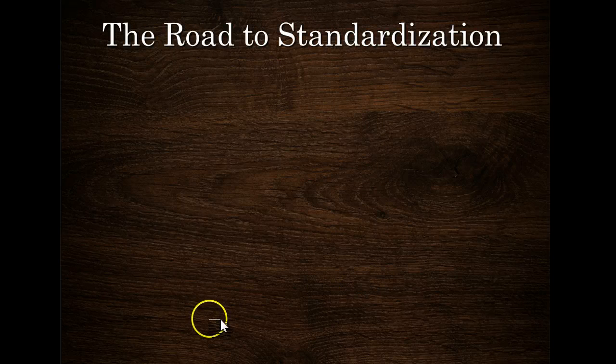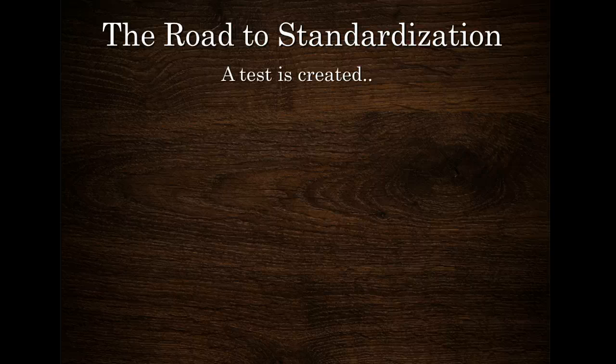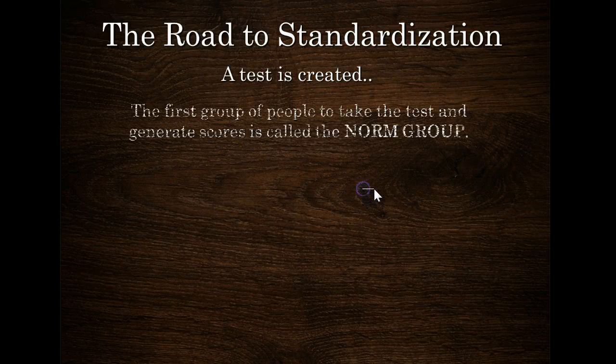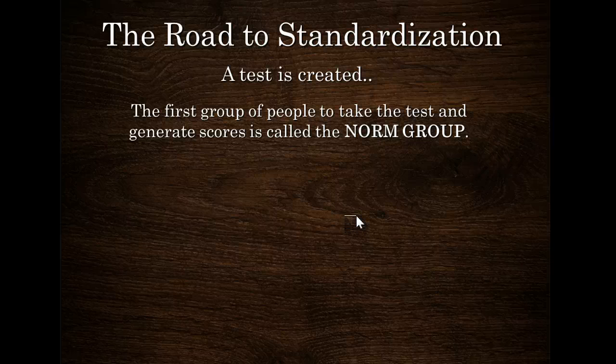Okay, tests are standardized. And here's the road to standardization. This is how tests are standardized so that we can call them standardized tests. First of all, a publishing company or sometimes the government, depending on who the stakeholder is, or it might be a think tank that is financed by Bill and Melinda Gates or someone else, creates a test, and between 15 and 25,000 students are chosen to take the test for the first time.